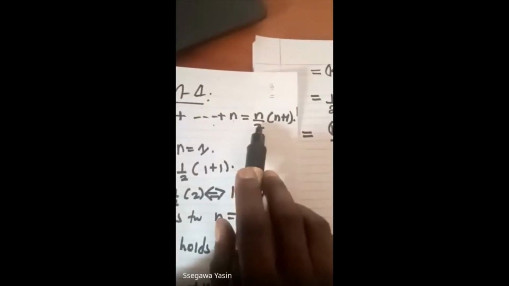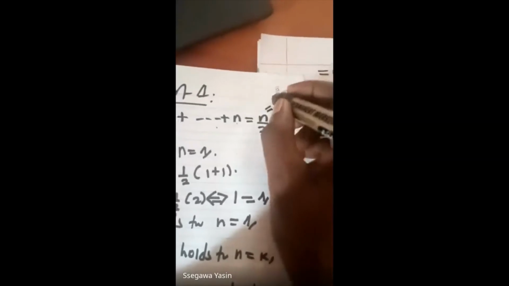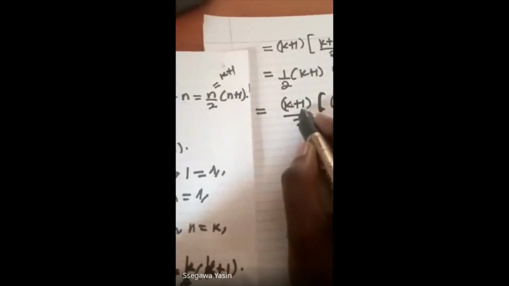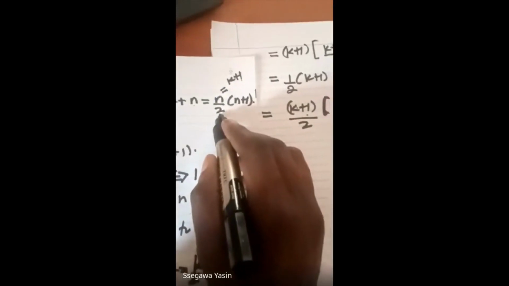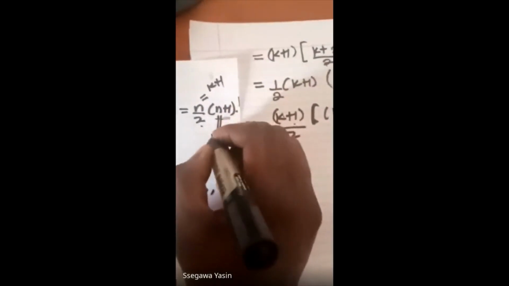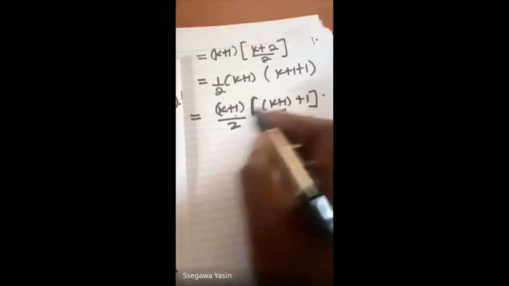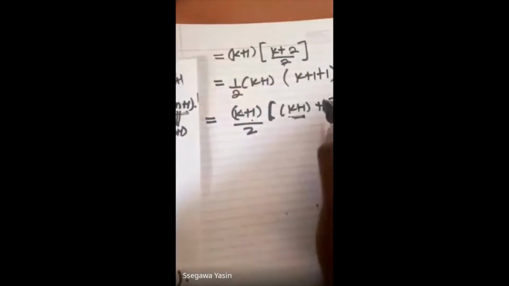If I put k plus 1, it implies that this n here will be in a position of k plus 1, which is here. Over 2, 2 is a constant, so it will be there. Then in the bracket, this n here now turns to be k plus 1, which is this here. Then this one here will be maintained.